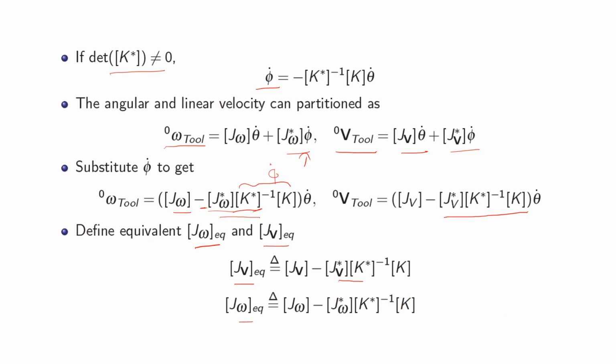All I have done is, if the determinant of K star is not equal to 0, I have solved for pi dot and then substituted back into the expressions of the linear velocity and the angular velocity and just reorganized it, right?